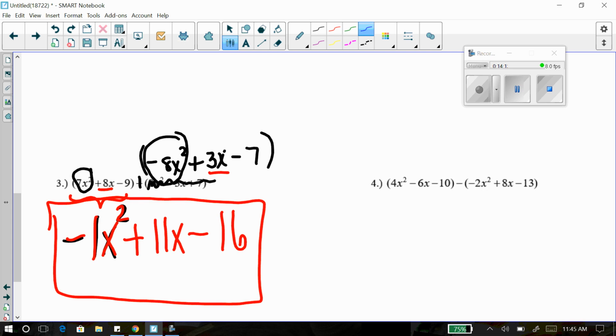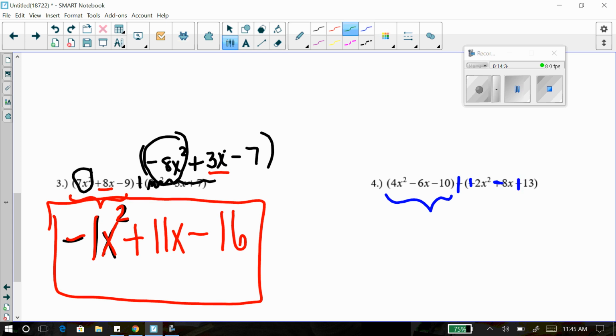It's a subtraction, so we have to do keep, change, change. So you keep everything in the first, change the middle, and change every sign after that. So a minus becomes a plus, a plus becomes a minus, a minus becomes a plus.